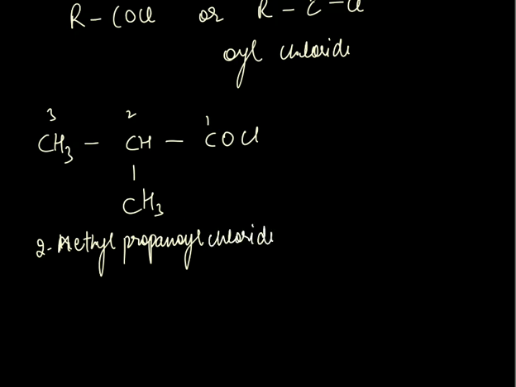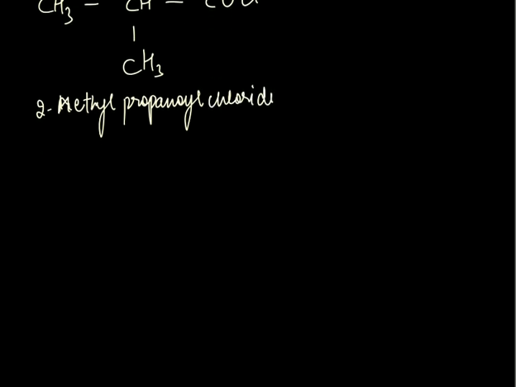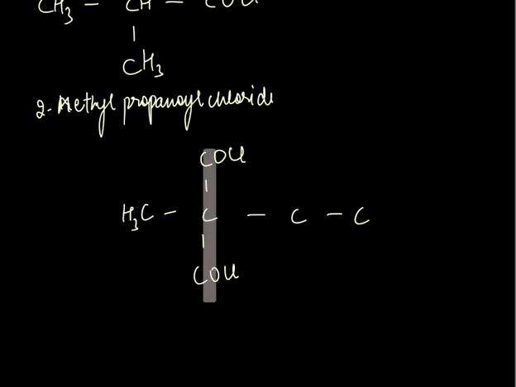That's a simple example we have taken. We can take another example where you have two groups like this. Then you know that you have to take this as the main parent chain, right?